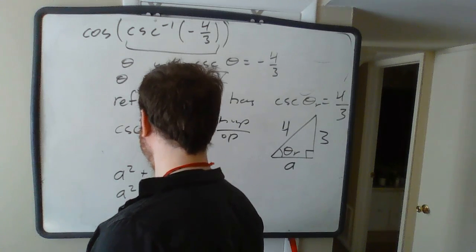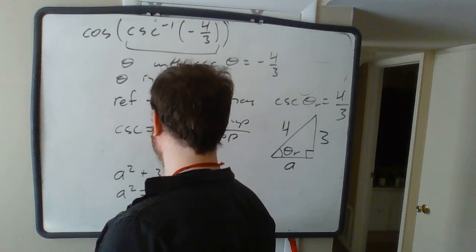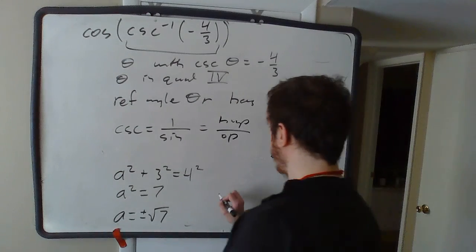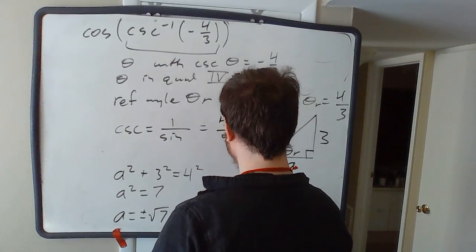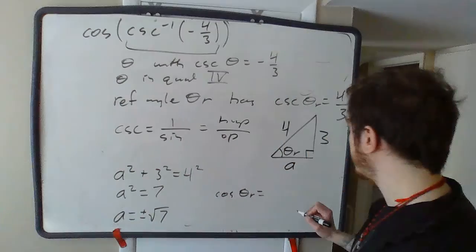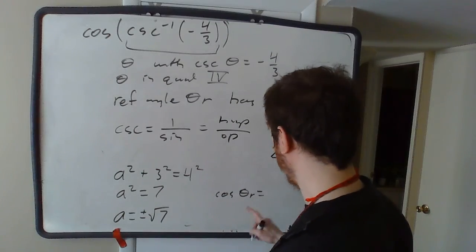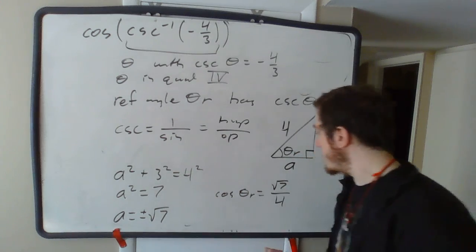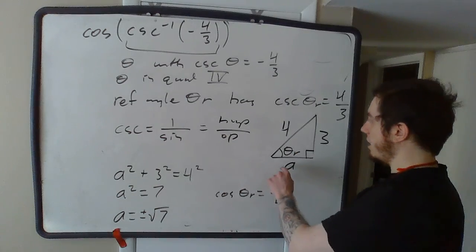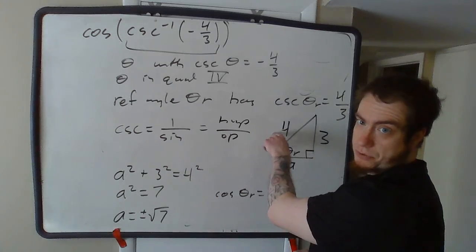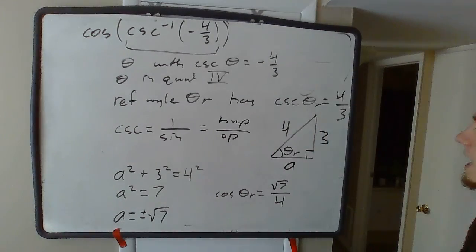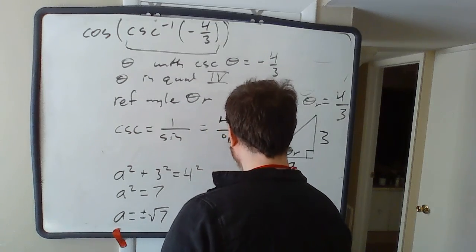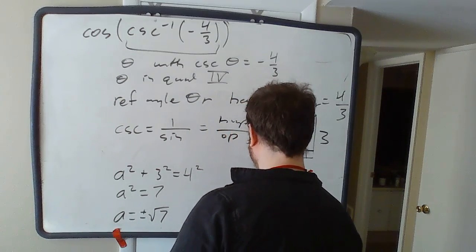So we get a equals plus or minus square root 7. So what I know is that the cosine of theta r is going to be equal to square root of 7 divided by 4 because it's adjacent over hypotenuse. That means that the cosine of theta is plus or minus the square root of 7/4.